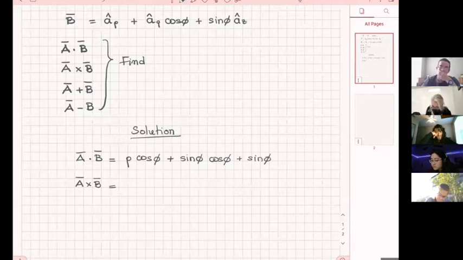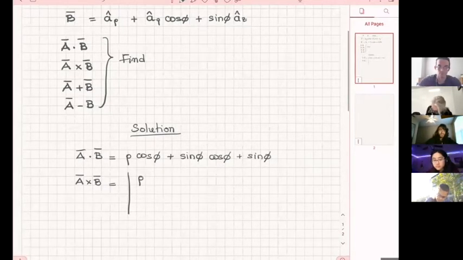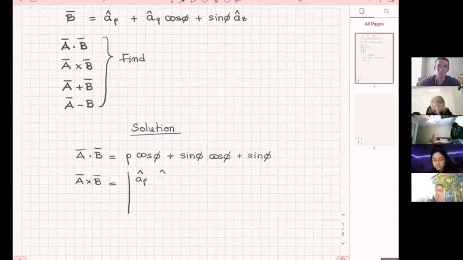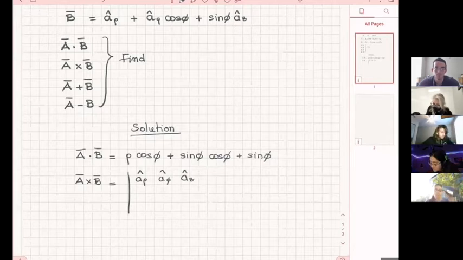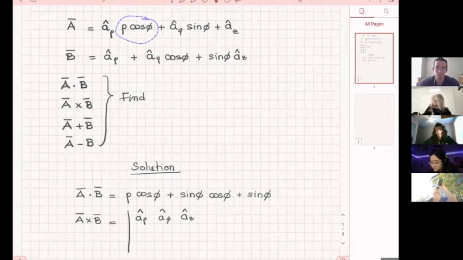Okay. So the A cross B in cylindrical will be, I mean A sub rho, let me be consistent how I write them: A sub rho, A sub phi, A sub z. Then we'll have the first one, the rho coefficient of the first, which is going to be rho cosine phi.